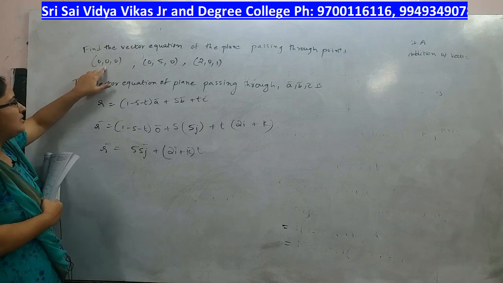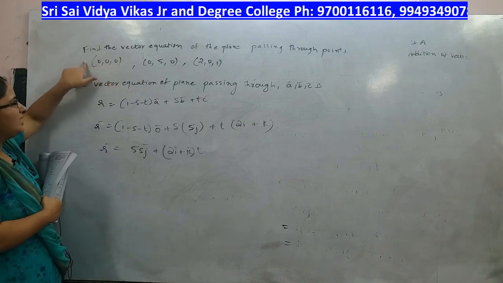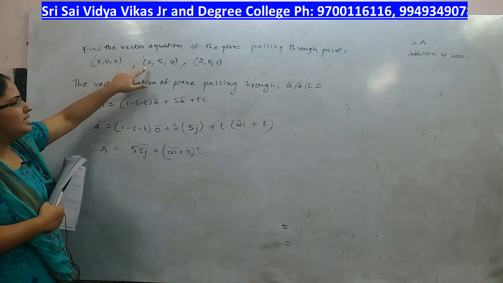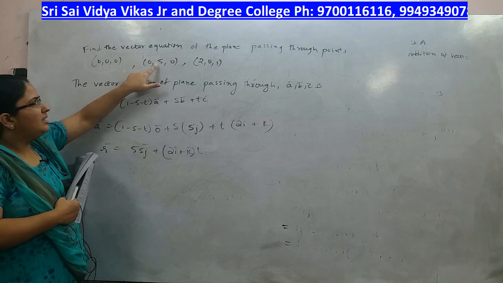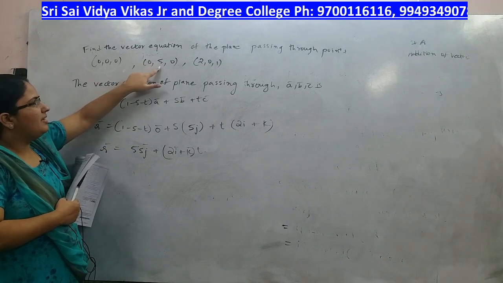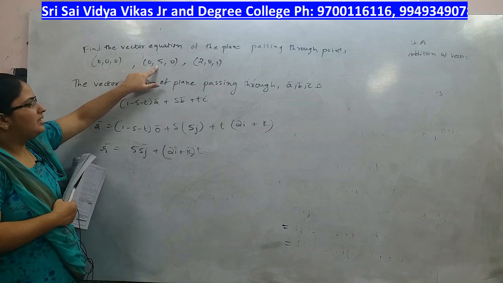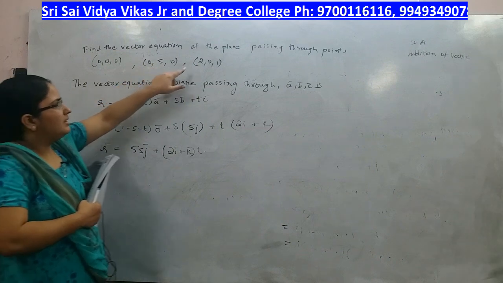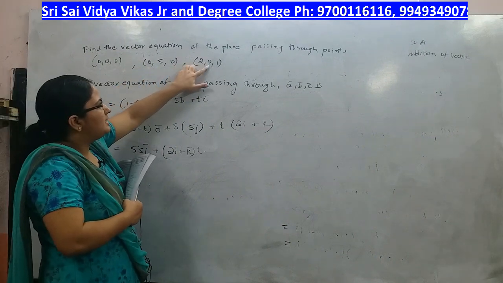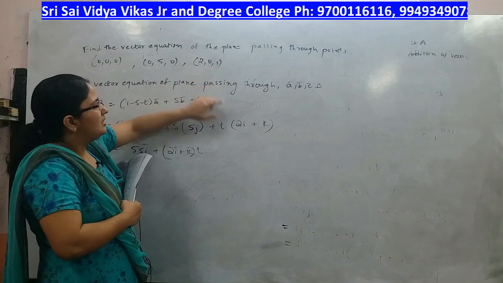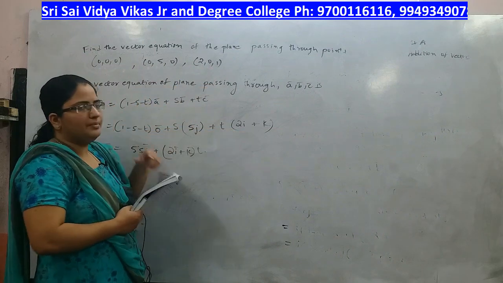So i into 0, j into 0, k into 0, so the entire thing will be 0. Here it is 0 i plus 5 j plus 0 k, so you get 5 into j. Here 2 into i plus 0 j plus k, so you get only k here.